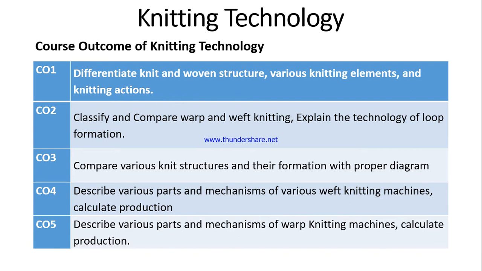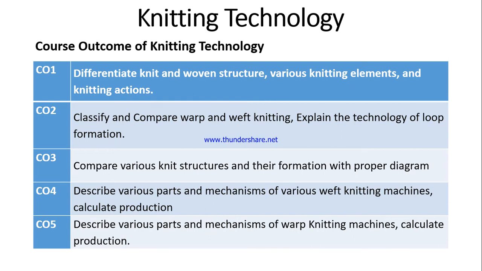So like woven structures, the knit structures also have their various types. You can be able to identify and compare those various structures in terms of their structural parameters and properties, their formation with proper diagram. You can be able to explain the formation or preparation technique of those structures and their proper diagram.